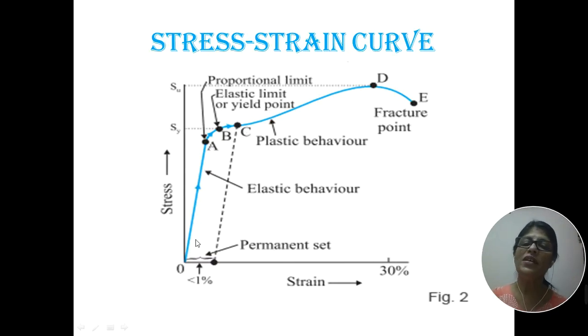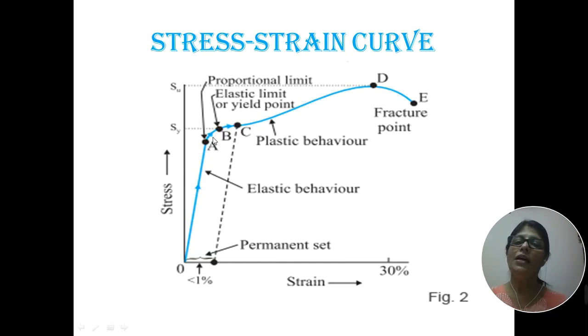That is, stress and strain are proportional to each other up to this point. Okay. Now a short line from proportional limit to elastic limit represents the elastic deformation, that is from point A to point B. It is showing some deformation which is elastic in nature.